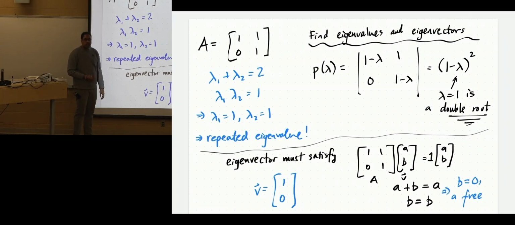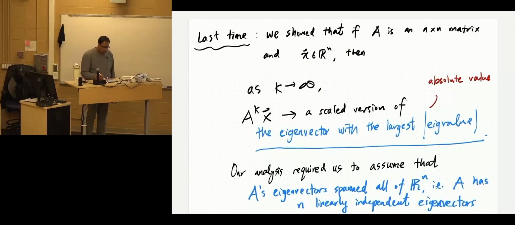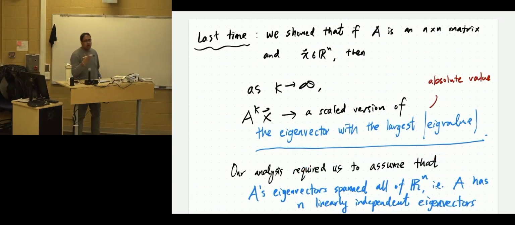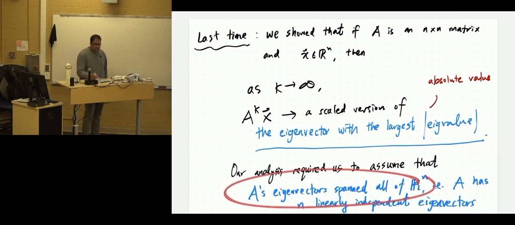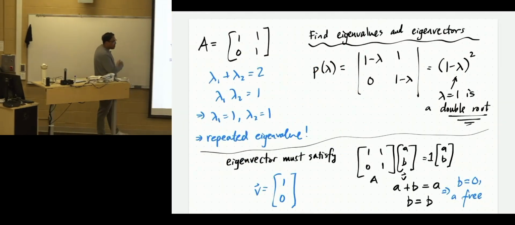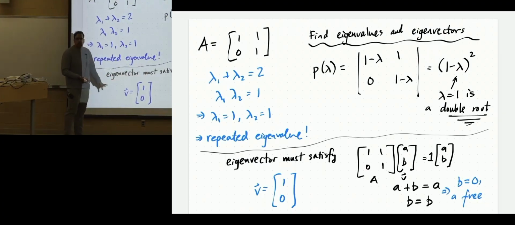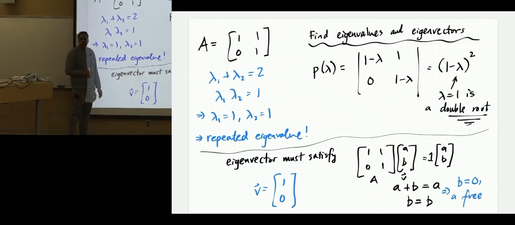Okay? Now, what I wrote down one slide ago was that when we were doing this analysis about the long run behavior of a Markov chain, we needed the eigenvectors of A to span all of R^n. But here, the only eigenvector of A is just the vector (1, 0) and its scalar multiples.